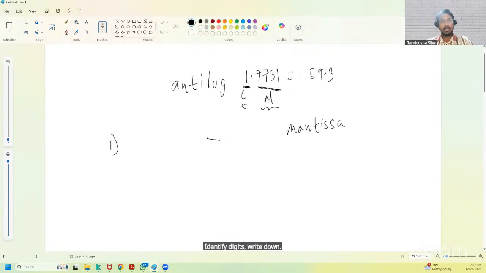Write down, identify digits. Identifying digits means you have to identify the row and column numbers for the number you searched in the log table.